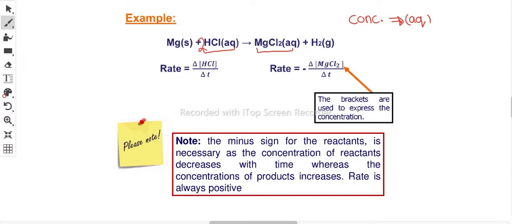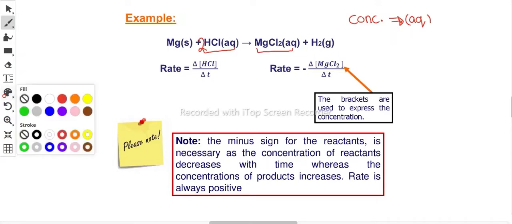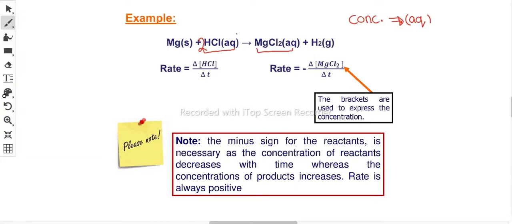So there are other experimental methods that can be used to monitor the chemical rate of reaction, and this is what we're going to discuss later. According to this example, if you want to go through the change in concentration per unit of time, you will be focusing only on the hydrochloric acid or the magnesium chloride.